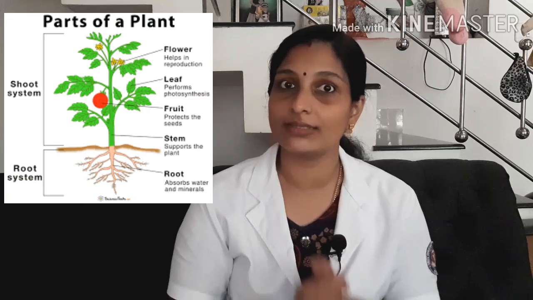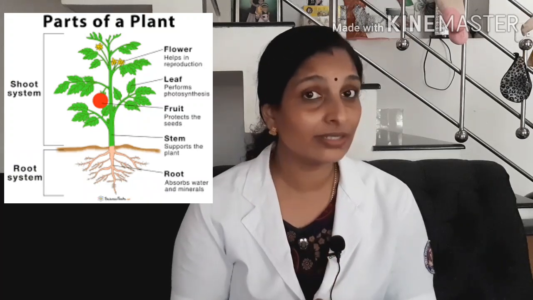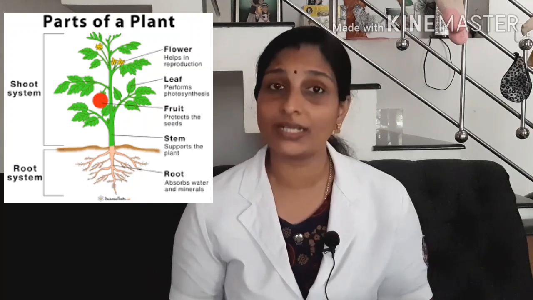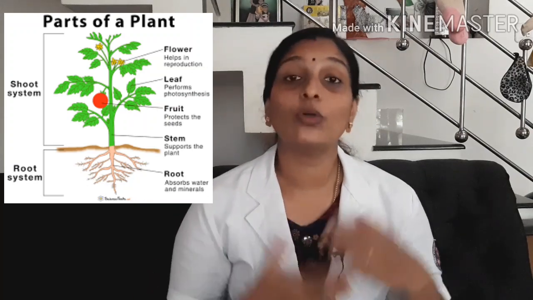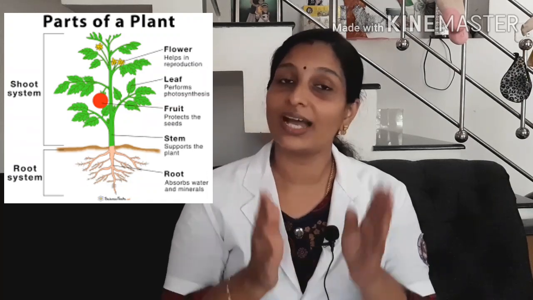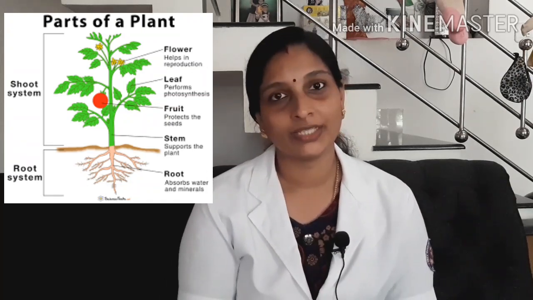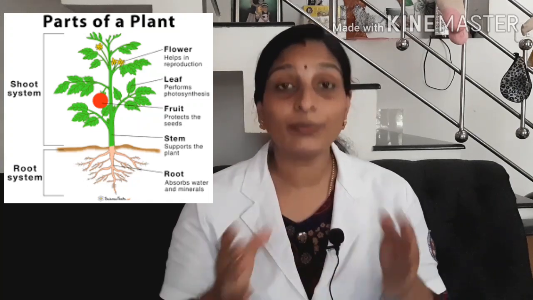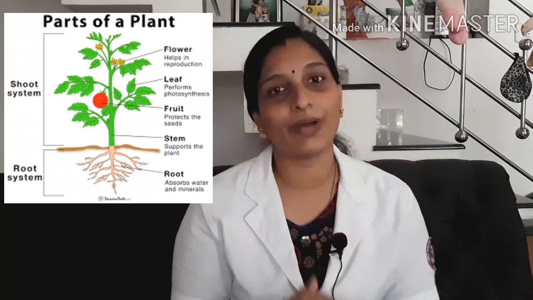Next, we have discussed shoot. Shoot we can see above the ground. The main part of shoot is the stem. Stem bears branches, leaves, flowers, fruits, buds, etc. So what are the functions of stem? Stem supports other parts of the plant. Then it transports water and minerals from the root to the upper part.